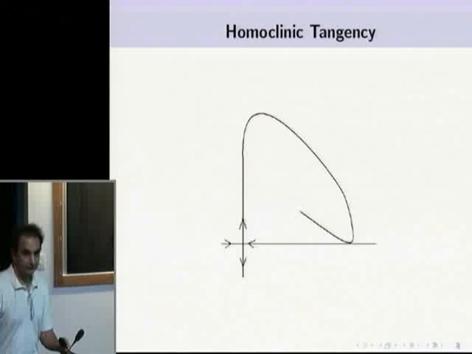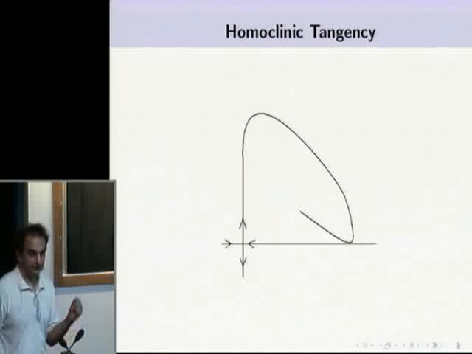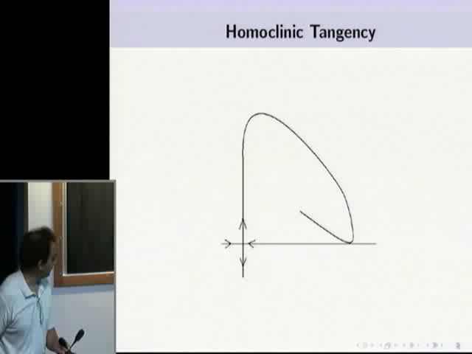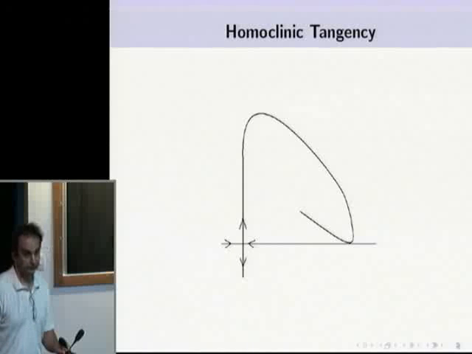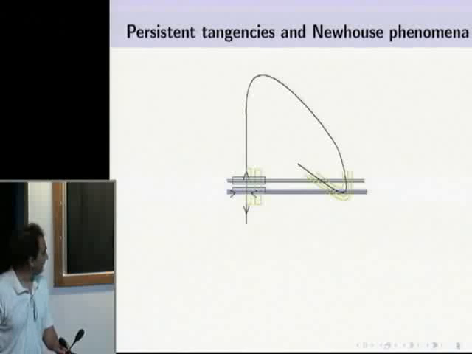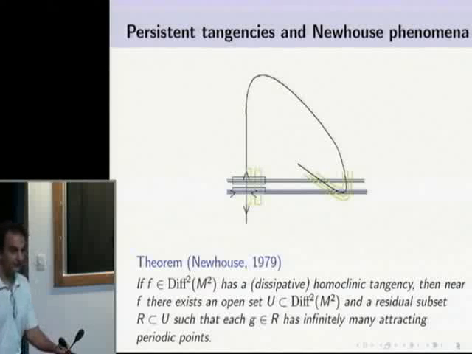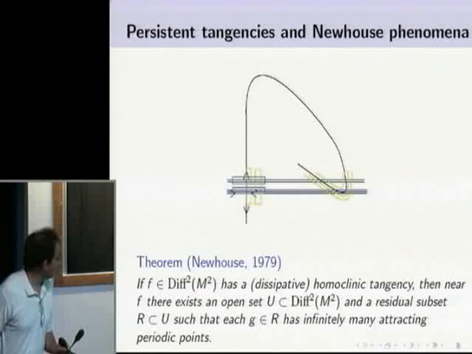The huge difference between the behavior in this case and the behavior on the level surfaces that correspond to positive values of the parameter is that in this case you do get homoclinic tangencies. And as soon as you do get homoclinic tangencies, you know that it leads to Newhouse phenomena in many cases. And in the dissipative case, when you don't have area preservation, the Newhouse phenomenon looks like the following.